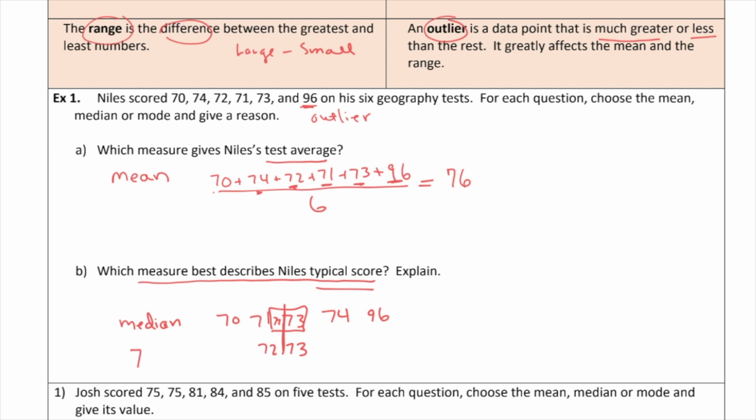Our median is then 72.5. So that might be a better indication to a person as to how well Niles is doing in class. So our explanation was the median might be better because of the outlier.